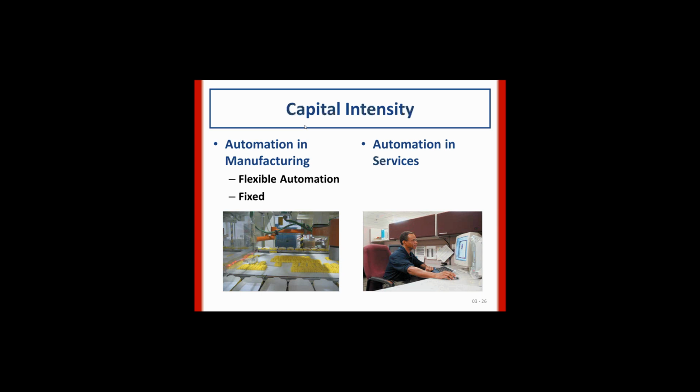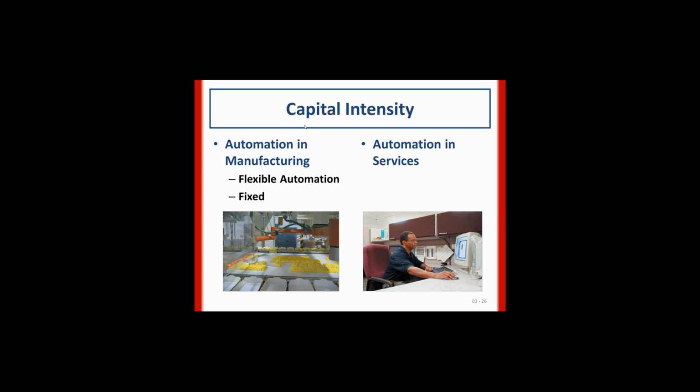And automation can be used for both manufacturing and service organization. In service organization, automation can be used in some areas, like in the airline, for example. The kiosk system is one good example of automation in service.